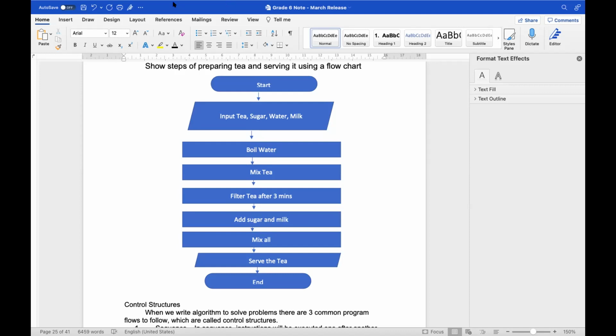Input, process, and output? No, that's not it. Control structures. Yes, control structures. What are the control structures?